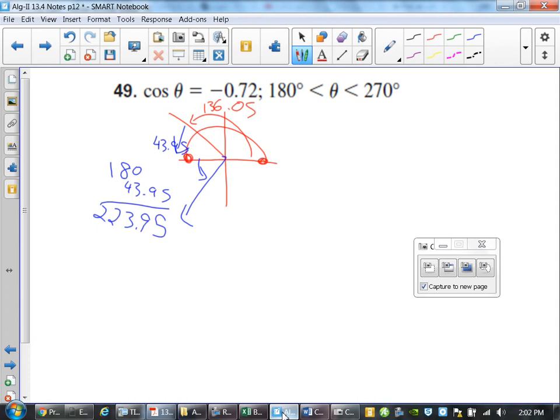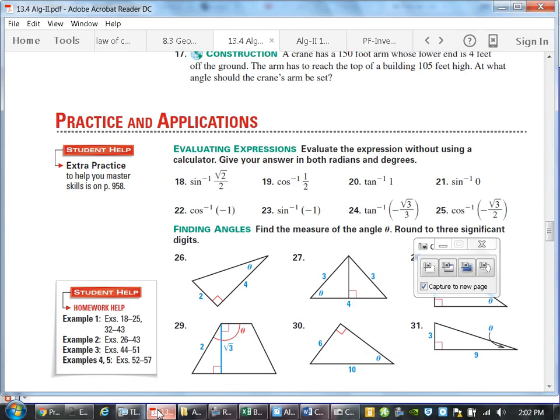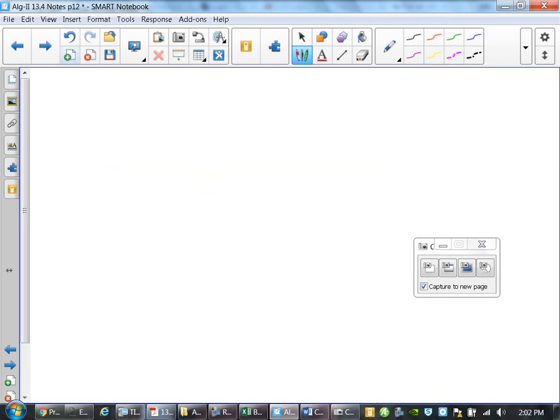What else we got? Yes, ma'am. What angle has a tangent of negative root 3 over 3? What triangle has the root 3's? 60.